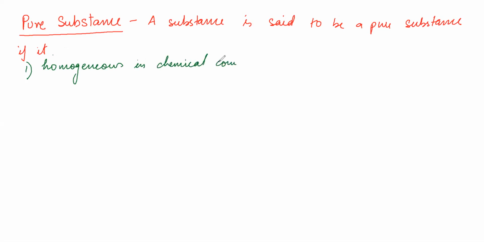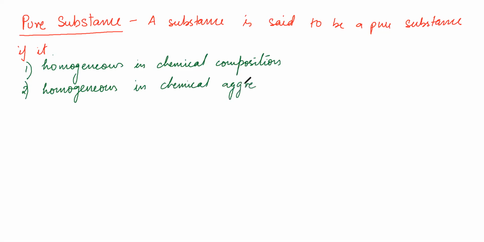Homogeneous in chemical composition. And the second one is, it is also homogeneous in chemical aggregation, right? So whenever I'm talking about this chemical aggregation, it means what?